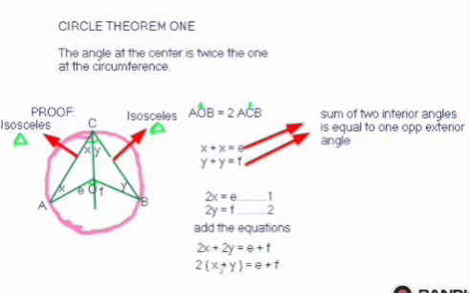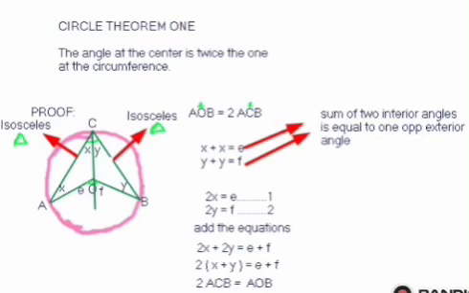So we can replace S plus Y with ACB, and we now have 2 ACB equal to E plus F. Going back to the diagram, E plus F represents angle O. If we trace angles E and F back to the circumference at A and B, this is AOB. So we replace E plus F with AOB.